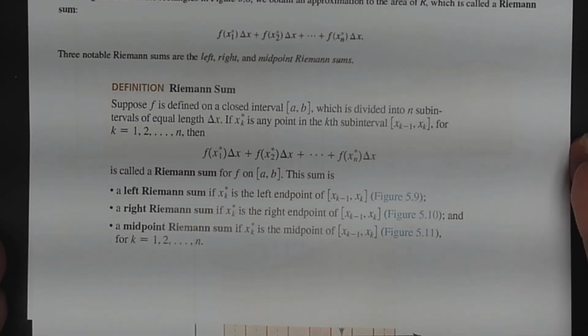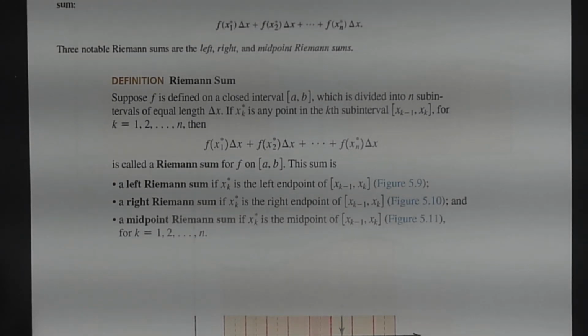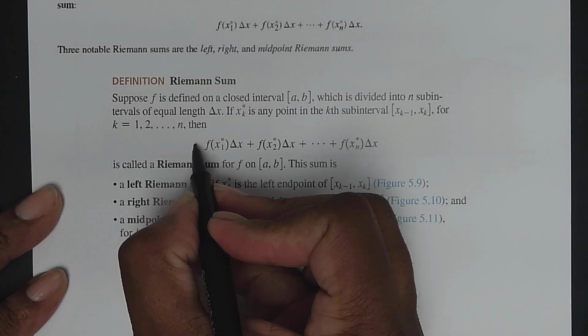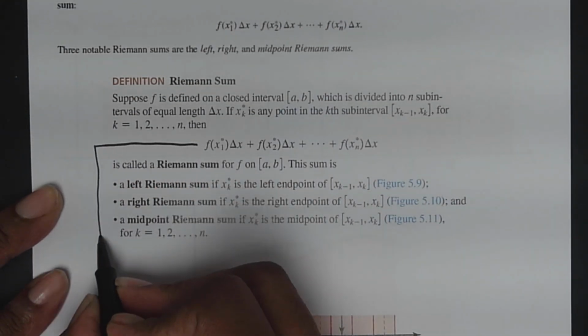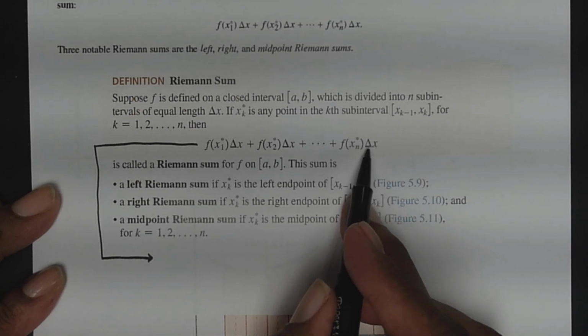And I'm going to modify this a bit, because if you look at this expression right here, there's a common term in there. Notice that delta x is the common term.